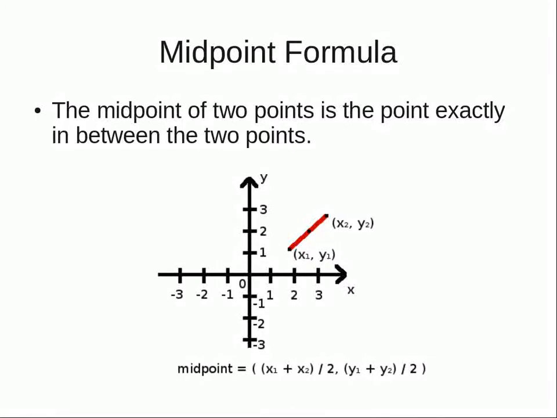For those 2 points with those x and y values, the midpoint will be as shown at the bottom of the slide. The quantity (x1 + x2), that whole thing divided by 2, that'll be the x value of the midpoint. And then (y1 + y2), that whole quantity divided by 2, that'll be the y value of the midpoint. Okay?